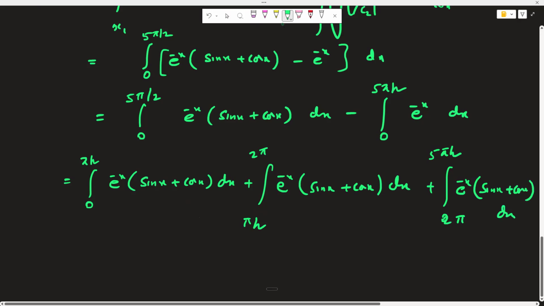And the last part, minus the integration of e power minus x, which is e power minus x by minus 1, under limits 0 to 5 pi by 2.